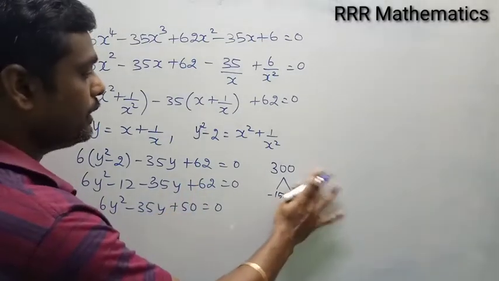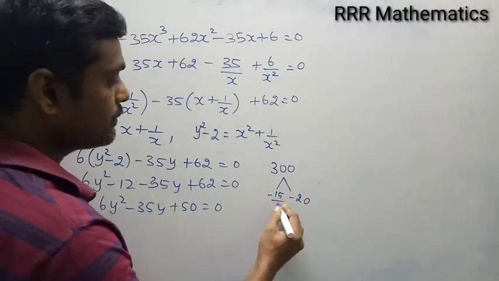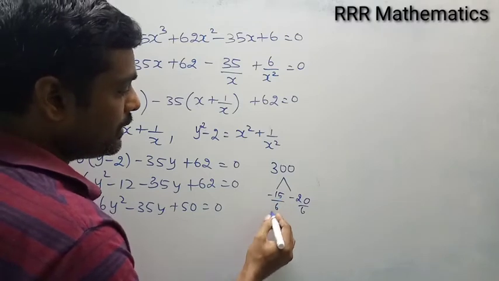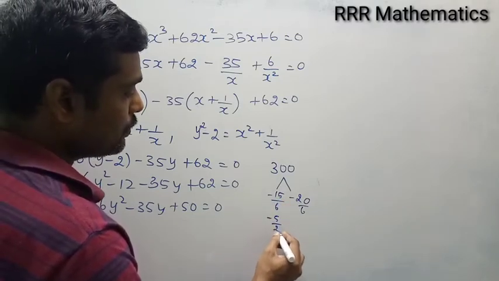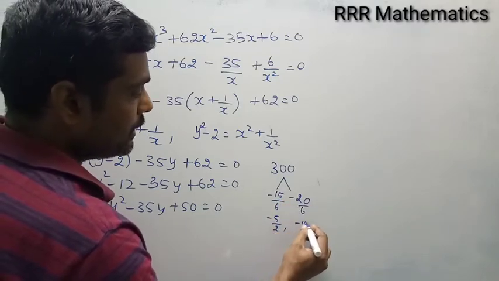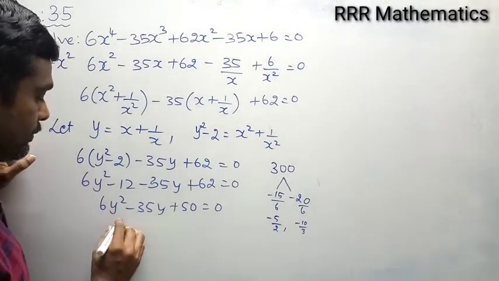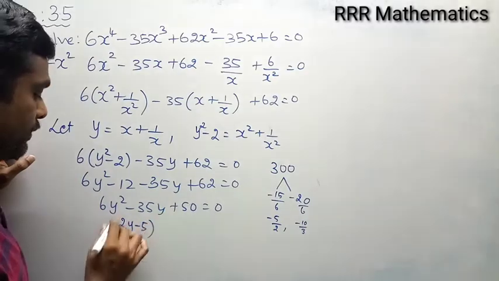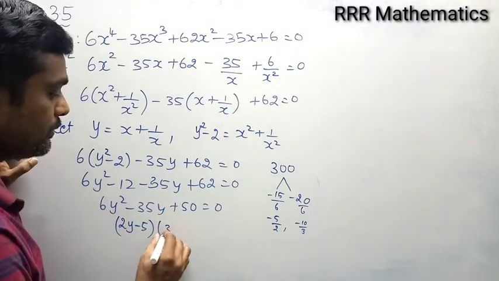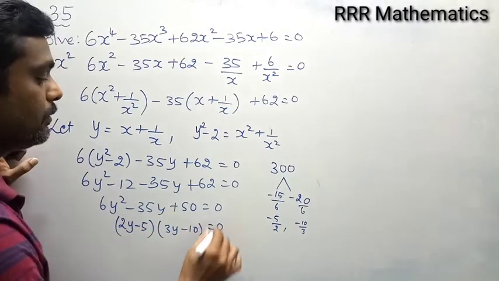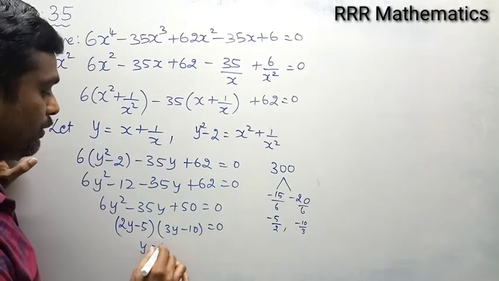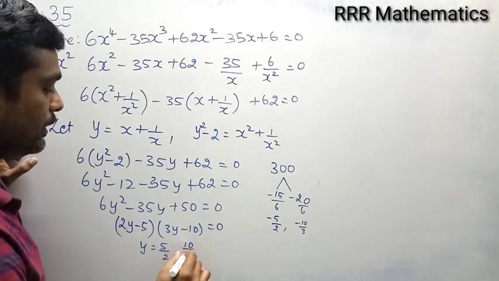So this is okay. And divide by 6. It will be 5 times 2, 10 times 3. So this will be (2y − 5)(3y − 10) = 0. Therefore y will be 5/2, 10/3.